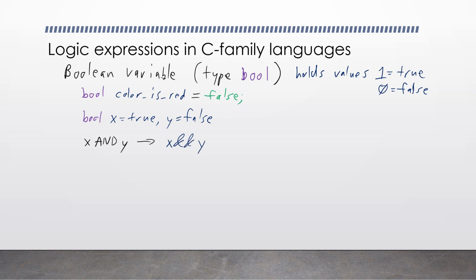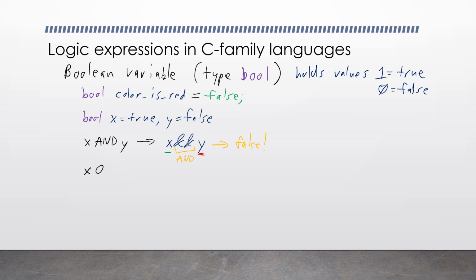So this double ampersand is the AND operator in C. And of course, that whole thing evaluates to false because x is true, but y is false, and the AND operator only returns true if both arguments are true.